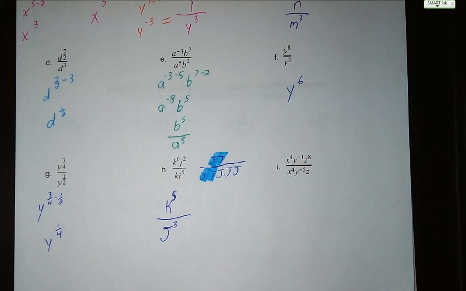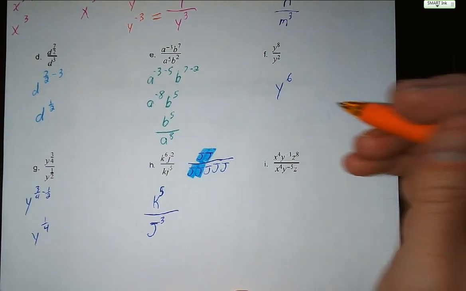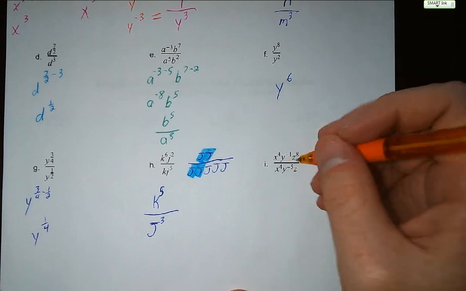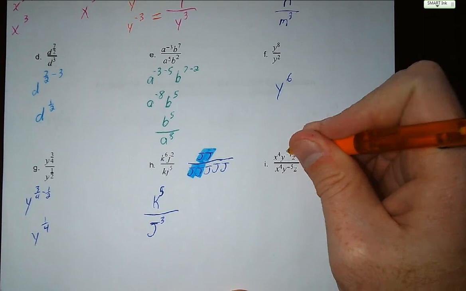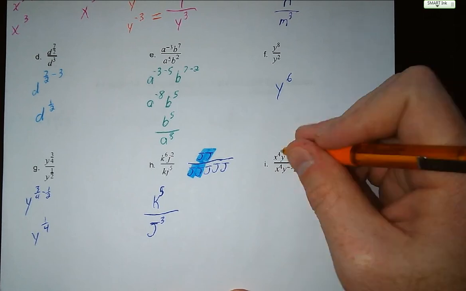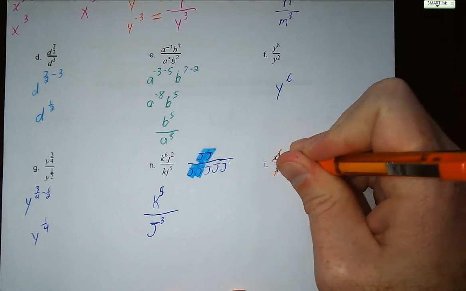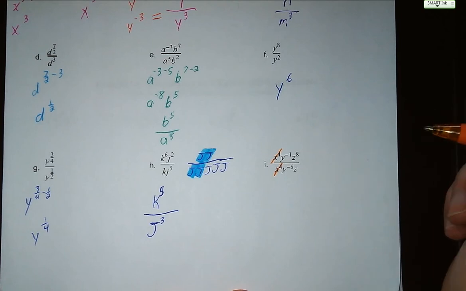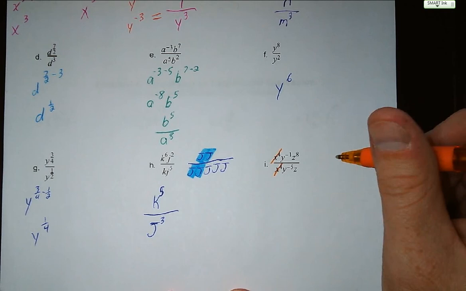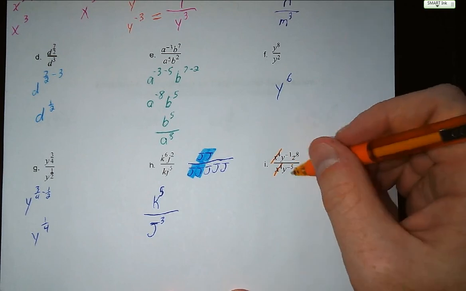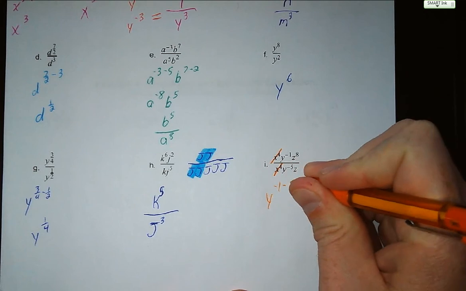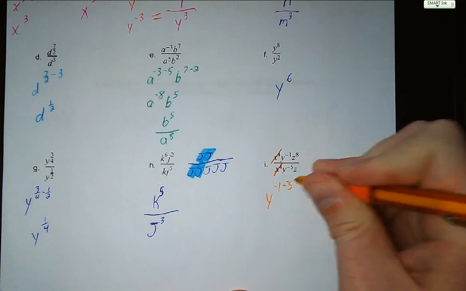Okay. Letter I. Well, let's take a look at it. We've got x to the fourth over x to the fourth. Well, that cancels out, right? 4 minus 4 is 0, and anything to the 0 power is 1. So x to the fourth and x to the fourth, those cancel out. Okay, so now we've got y to the negative first over y to the negative fifth. So we've got y to the negative first minus negative 5.